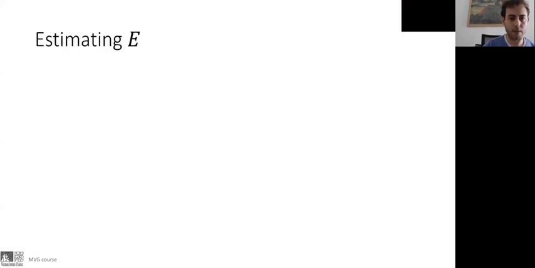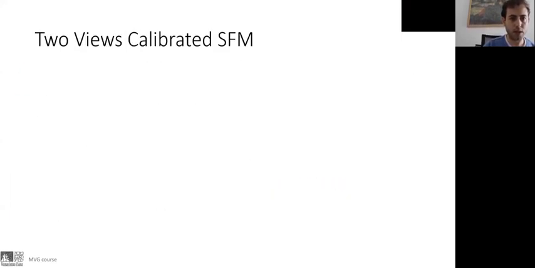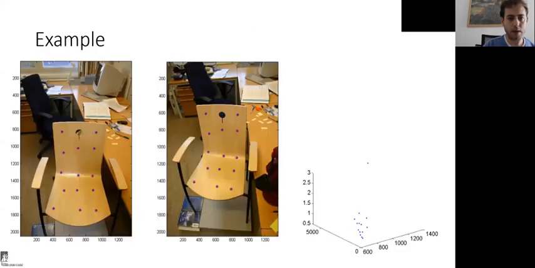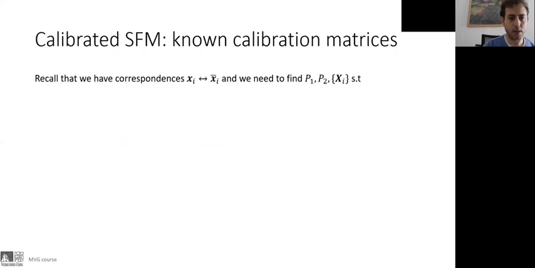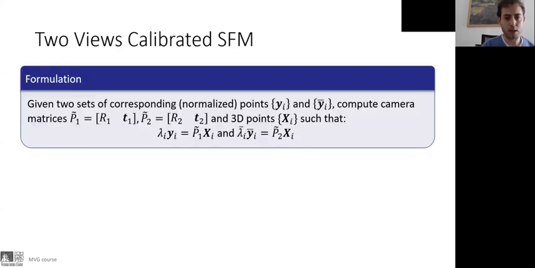Let's get back to this formulation. Both decompositions will be a valid solution to the two-view calibrated structure from motion problem.